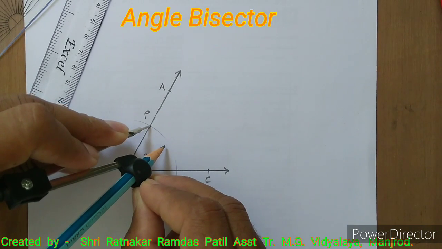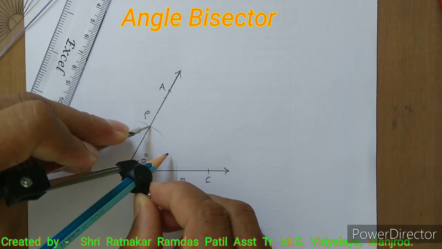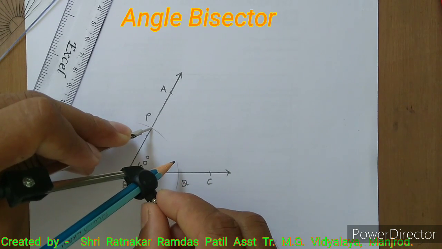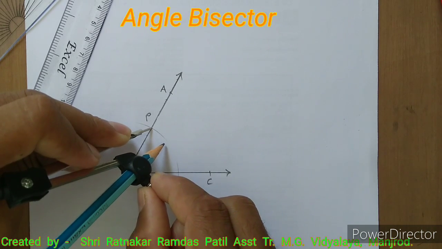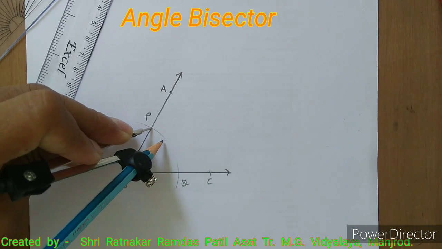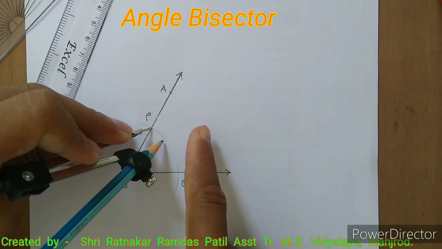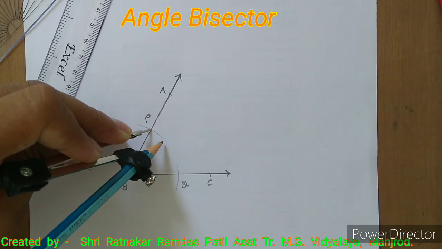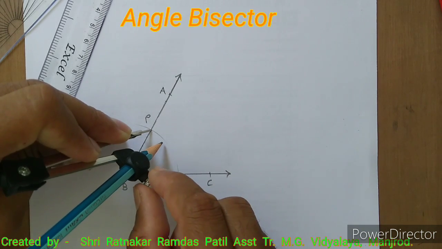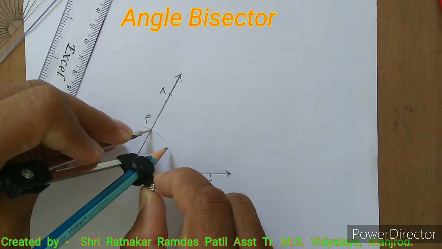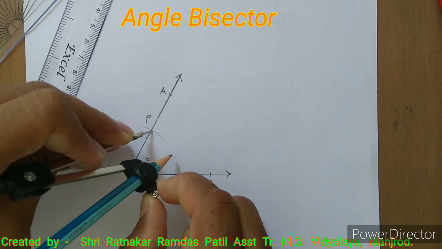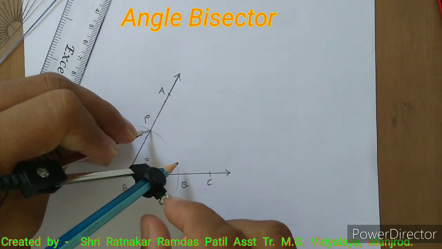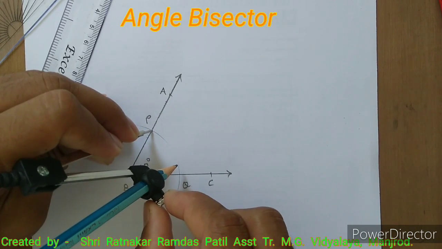This is the half distance of PQ and this is greater than half of it. If you take less than half of PQ, we cannot get intersecting point inside the angle when we draw arc. So it is necessary to take greater than half of distance PQ or same as PQ.